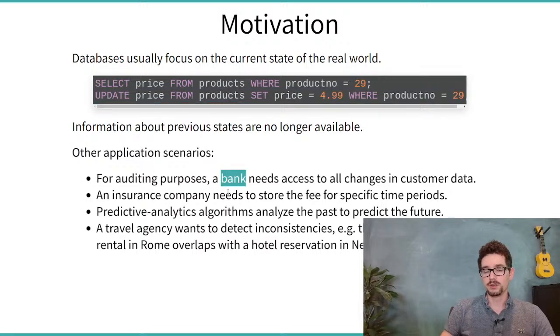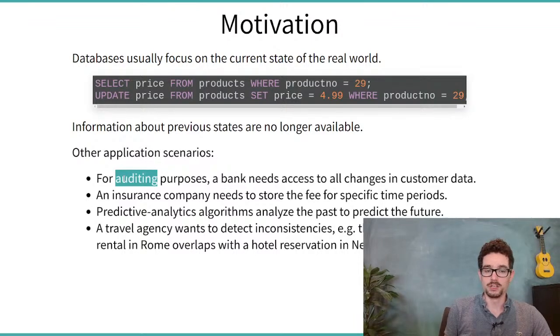I already mentioned the bank. There it is always important, so-called auditing. Auditing is a feature that logs everything that is happening, so to afterwards understand what happened. It is very important in banks that every change is tracked.